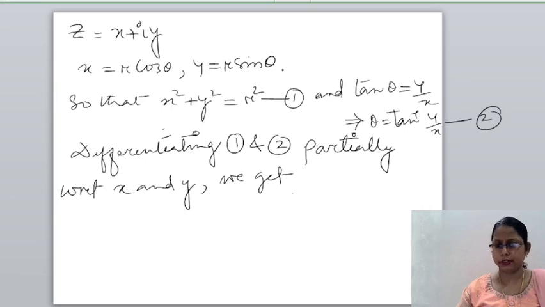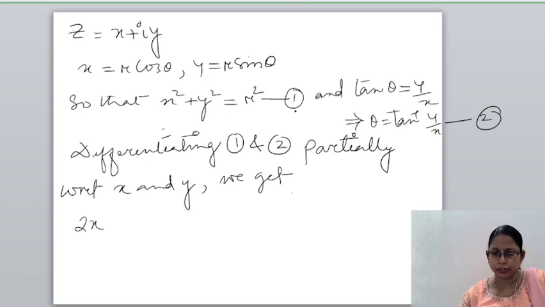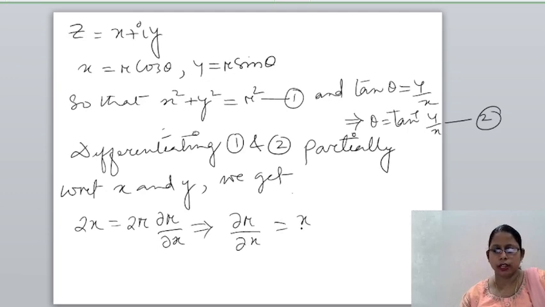If I differentiate equation 1 partially with respect to x, I will get 2x. Here y square will be constant because I am differentiating partially with respect to x, treating y as constant. On the right hand side, r is a function of x and y, so this is 2r del r by del x, so that del r by del x is equal to x by r.